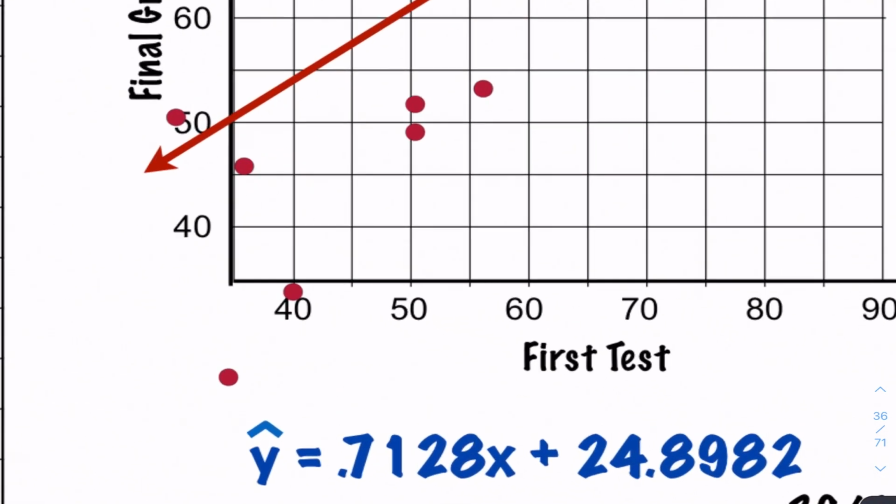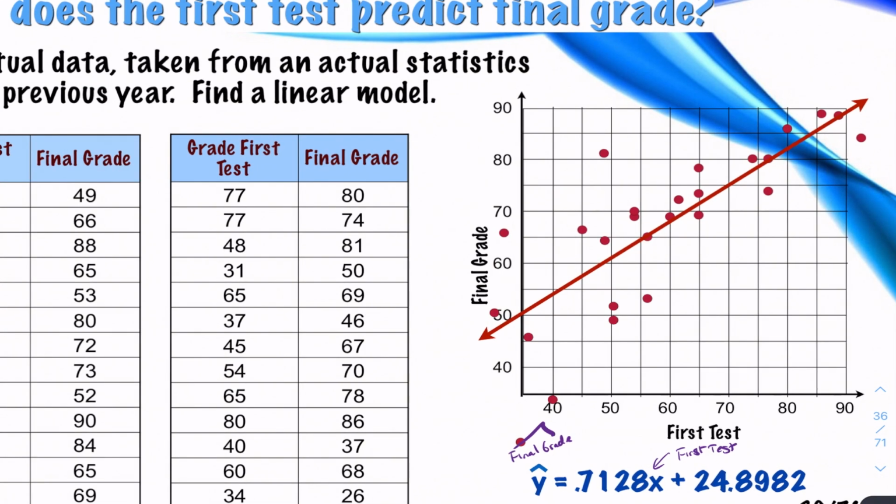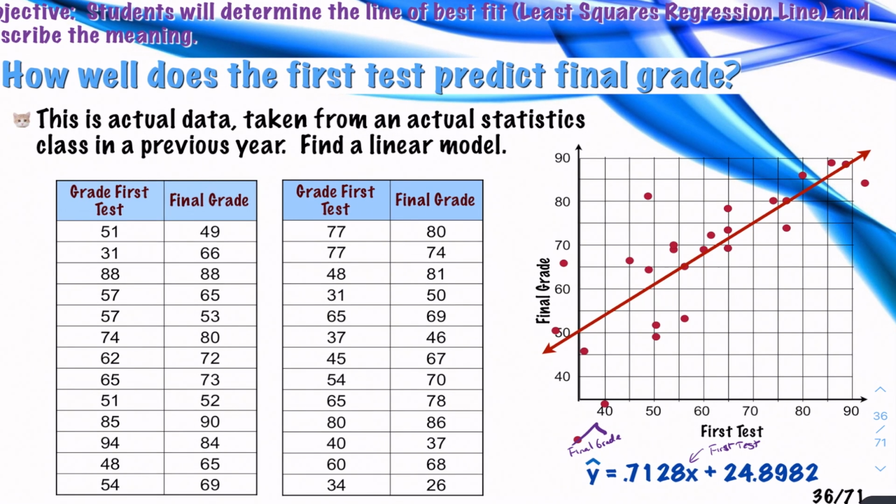Now, if I say y hat equals 0.7128x plus 24.8982, the x in this case is the first test, and this is final grade hat. Notice when you don't give that context, you have to do a little mental thinking. Where did each piece come from? That's why we give the context.